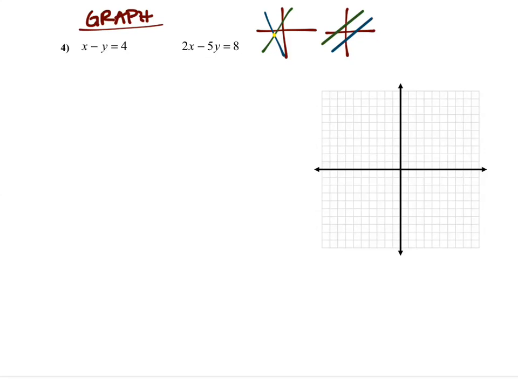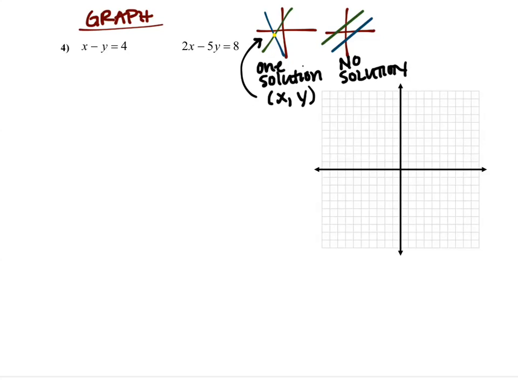In the first case we would have one solution, and that solution would look like x comma y at the point in yellow there. Here we would have no solution, because the lines would never intersect since they are parallel. Parallel lines have the exact same slope, but a different y-intercept.